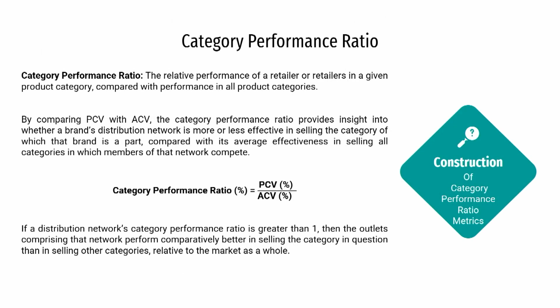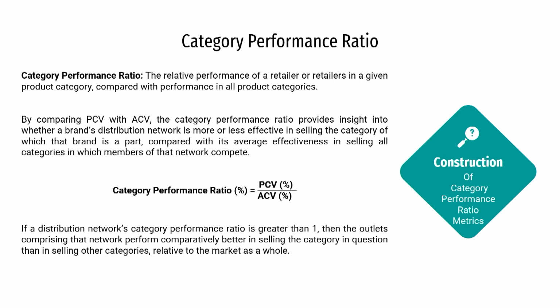Now, we will derive another metric in terms of these two metrics, the PCV and the ACV, and this is called the category performance ratio. The relative performance of a retailer or retailers in a given product category compared with the performance in all product categories.